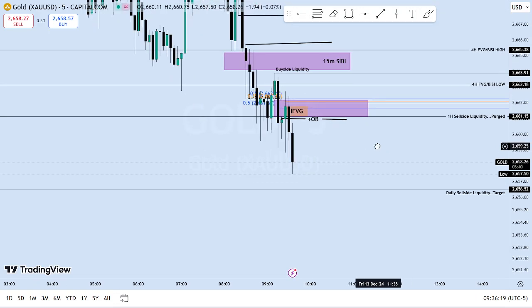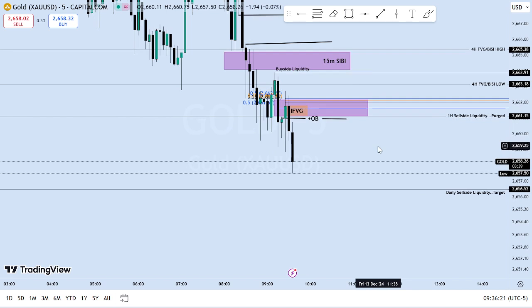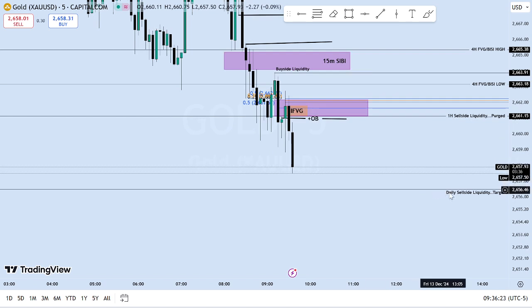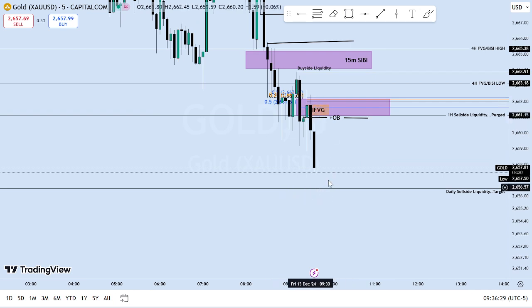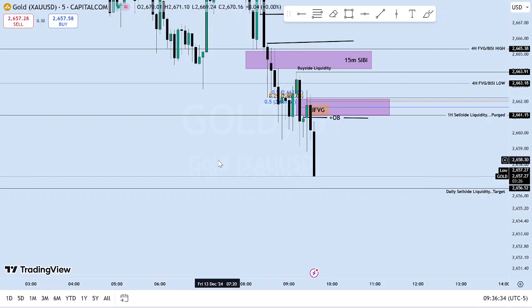Order block. This is our target. 9:30 opening price is to seek for a liquidity. That's the daily sell liquidity. That's why it's coming.